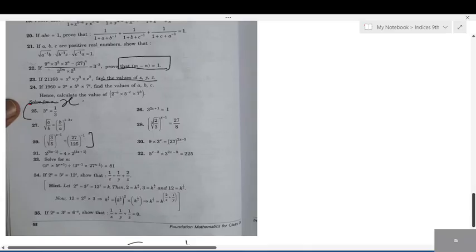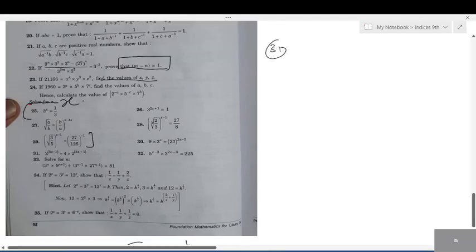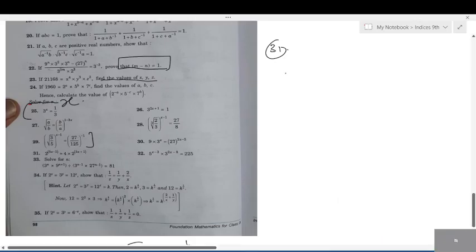Okay, try the next one, students. 31st question. 3 to the power of n into 9 to the power of n plus 1 divided by 3 to the power of n minus 1.